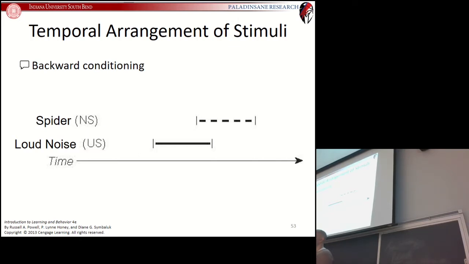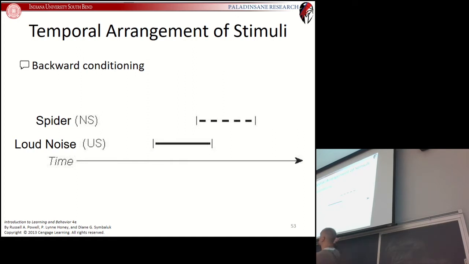We have a negative reaction to loud noise. So you hear the loud noise and you're like, oh my gosh. And then you look up and sure enough, there's a spider. Spider never bit you, but that's an example of backward conditioning. You heard the loud noise, you look up, you see the spider. Spider used to be a neutral stimulus, but through this backwards conditioning, it now has increased its standing as a conditioned stimulus.